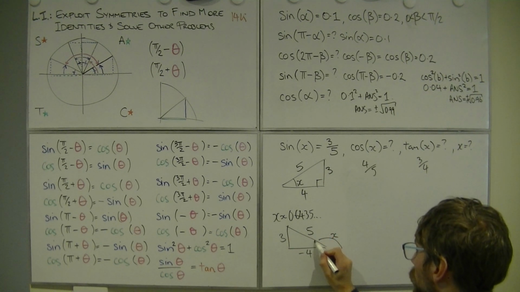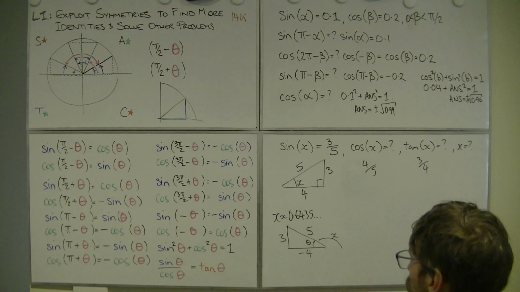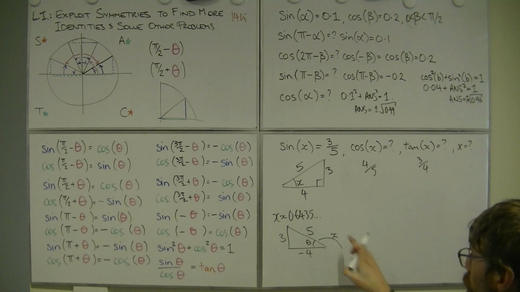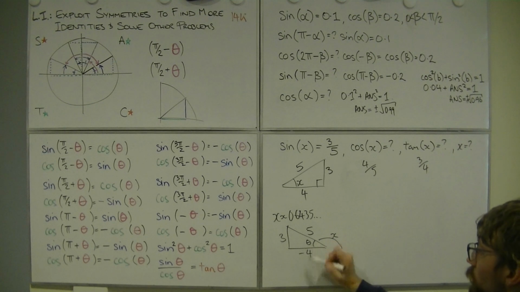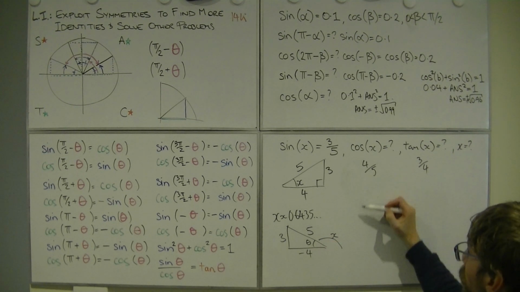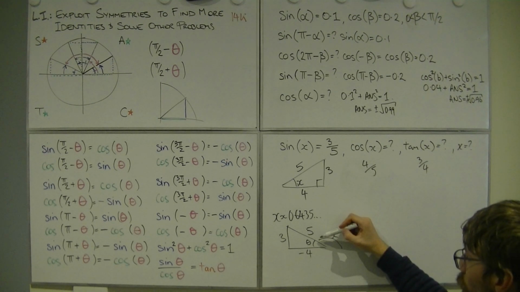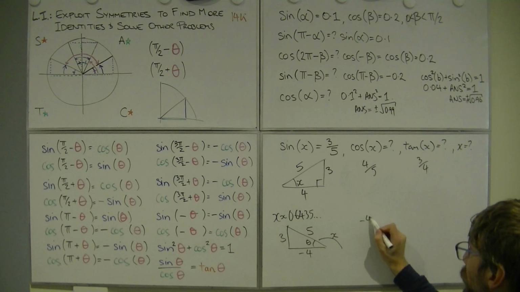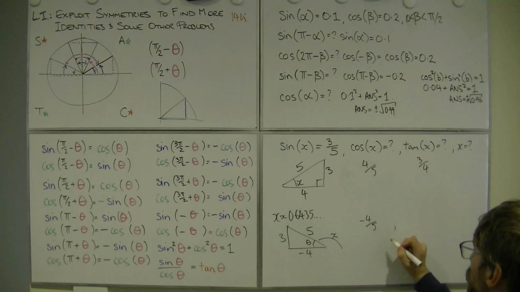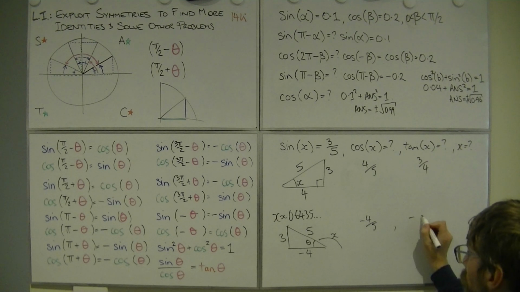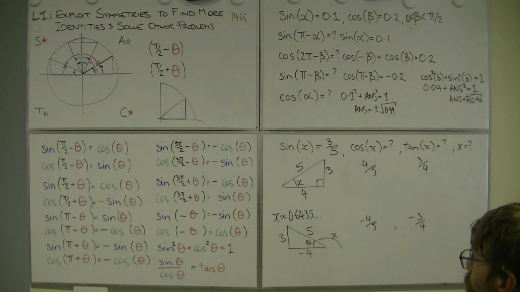I'll call that theta to keep things easier to distinguish. It's pi minus x in there. Now if I do cos of this, I get A over H, so this could be negative 4 on 5, and this could be negative 3 on 4.